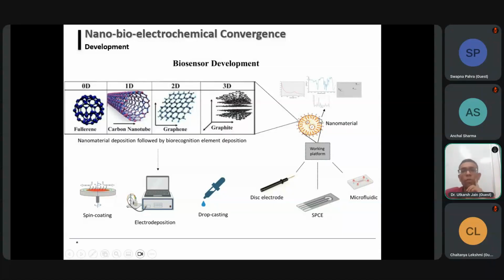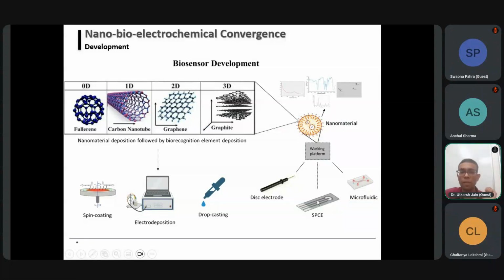During this process, you need to focus on certain characterization procedures where you verify that the electrode has a proper and uniform nanomaterial coating up to a certain defined limit. Each step is required to finalize the development and fabrication of a biosensing device. As I told you, the working electrode is our main target.